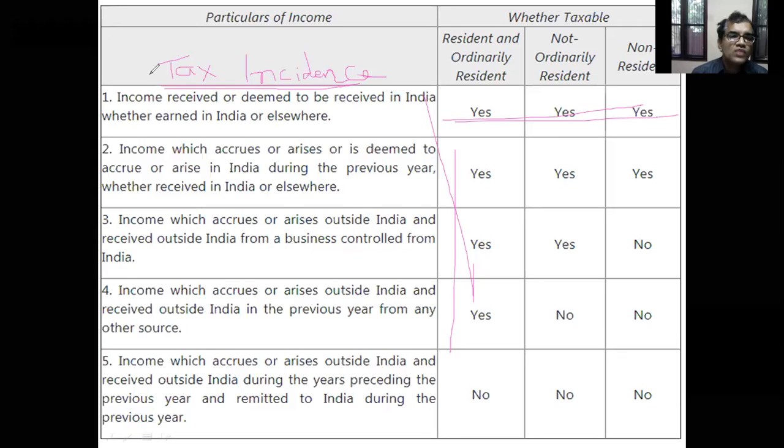That concept is known as tax incidence. In simple terms, tax incidence means, based on the residential status of an assessee, who has to pay tax and from which incomes they have to pay tax will be determined. That is what you mean by tax incidence. Okay, I hope you understood.